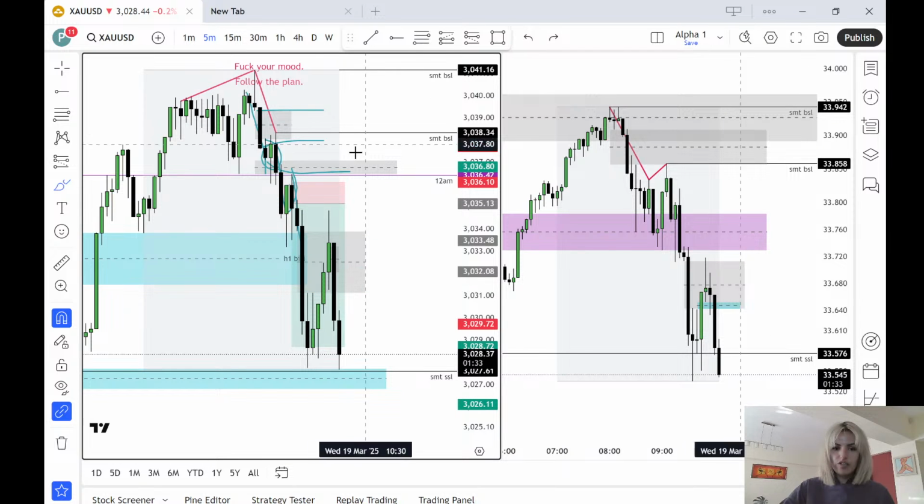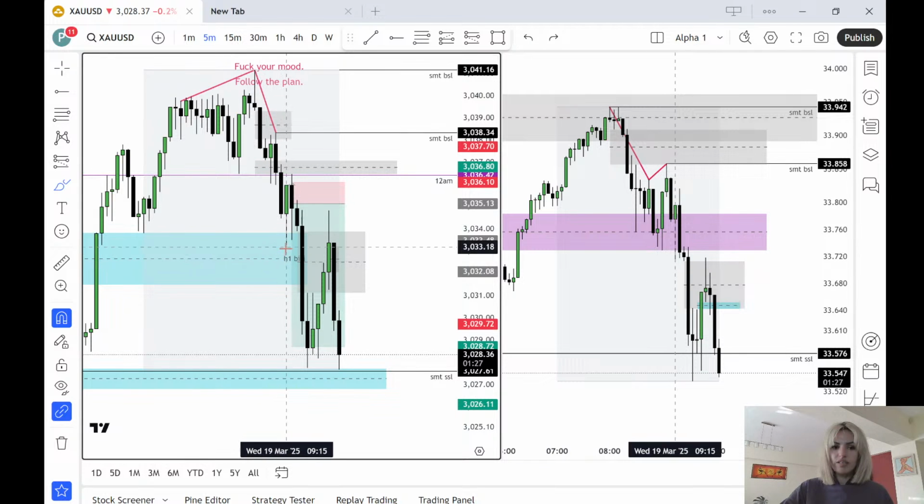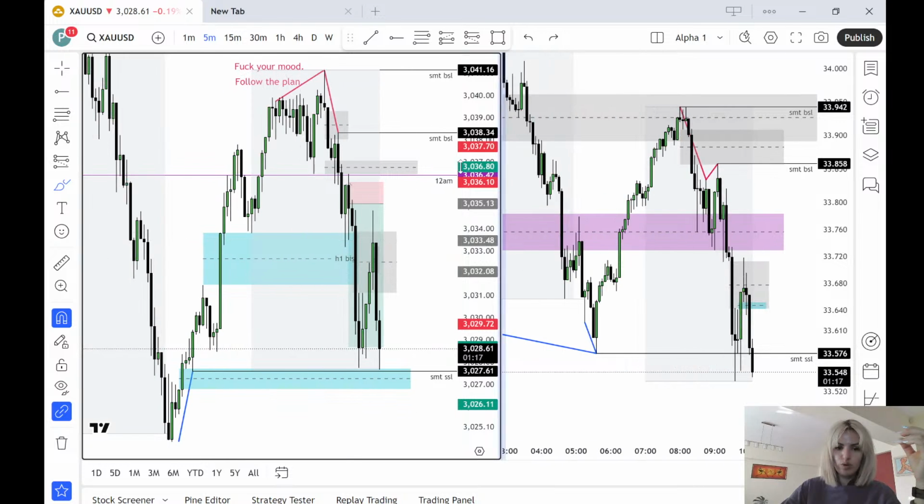If it would go up here to the 920 5-minute high, it would invalidate one of the core things that makes this bearish order flow, which is the 915 bearish order block, because it would go above it.